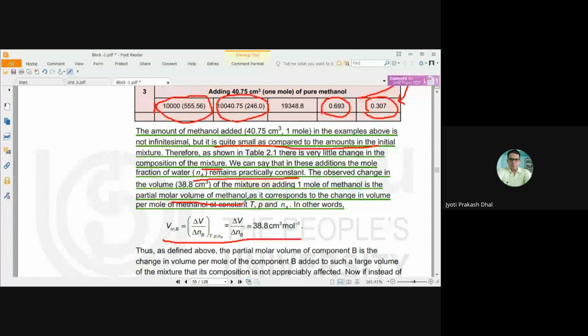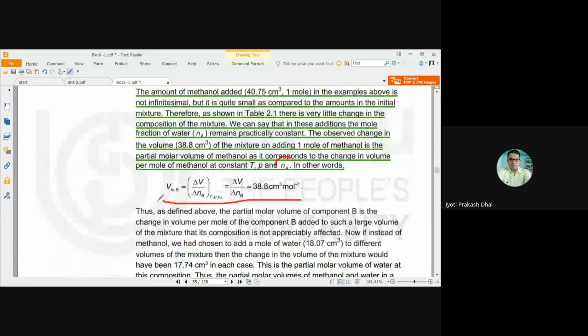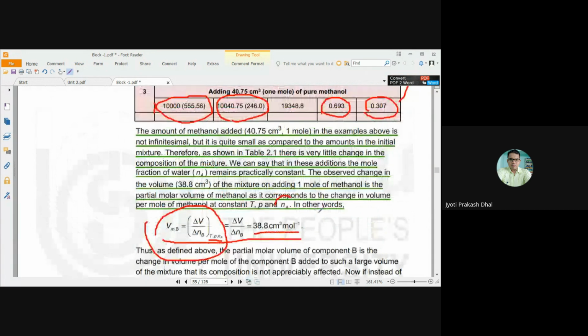It corresponds to the change in volume per mole of methanol at constant temperature, pressure, and constant number of moles of A. In other words, we can write V_M,B, the partial molar volume of methanol, equals del V by del N_B at constant temperature, constant pressure, and constant number of moles of water, which equals 30.8 ml per mole.